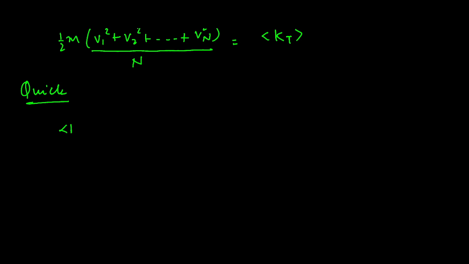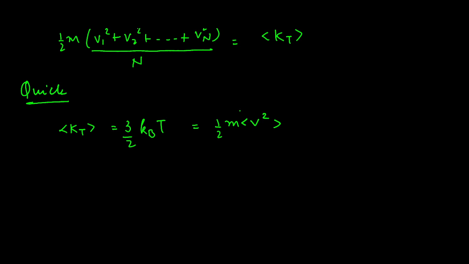See, average of translational kinetic energy of a single molecule is 3/2 kBT, isn't it? You must remember that. So we will write that simply as half m times average of v square. I won't write it as half mv square. Instead of that, I will write it as average of v square, right?